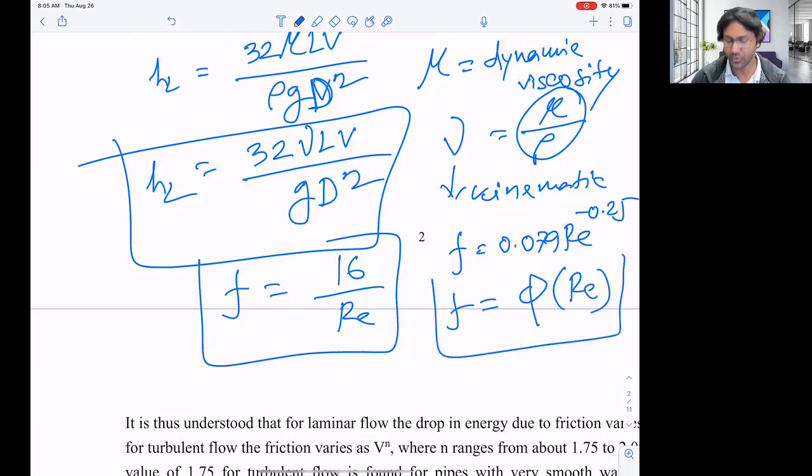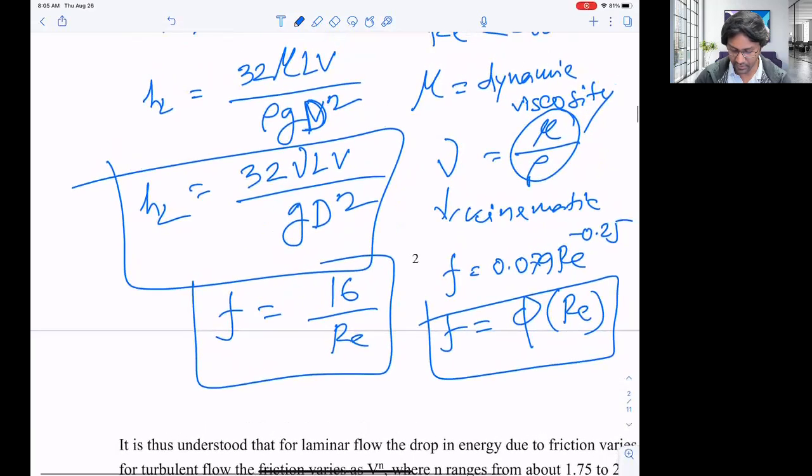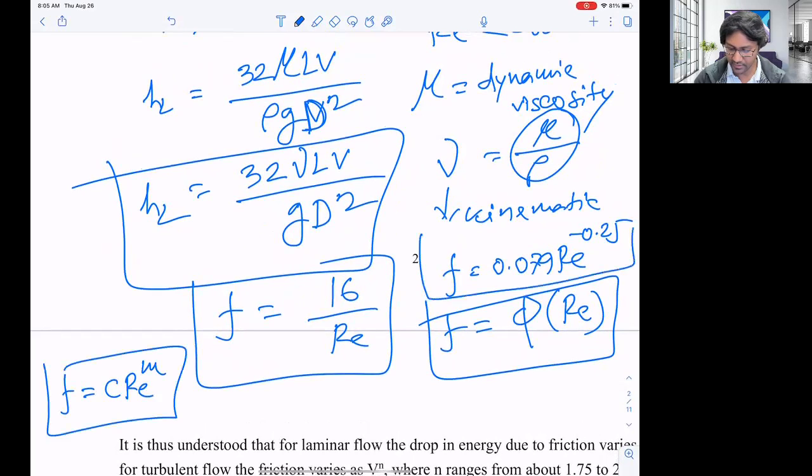We can generalize the formula this way: f is equal to C Re to the power m. We are just generalizing, so we have a constant in front of Re, and the power of Re will be m. We don't know the value of m yet, so we'll conduct our experiment for different setups.